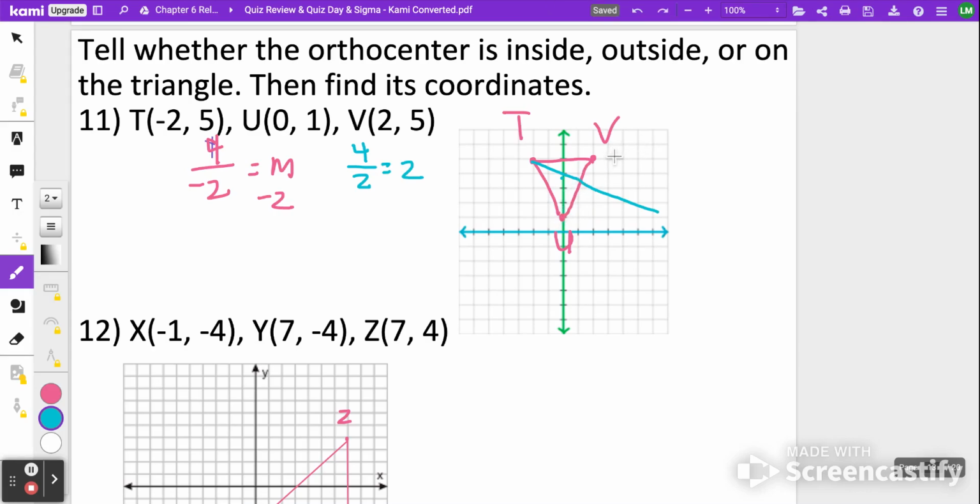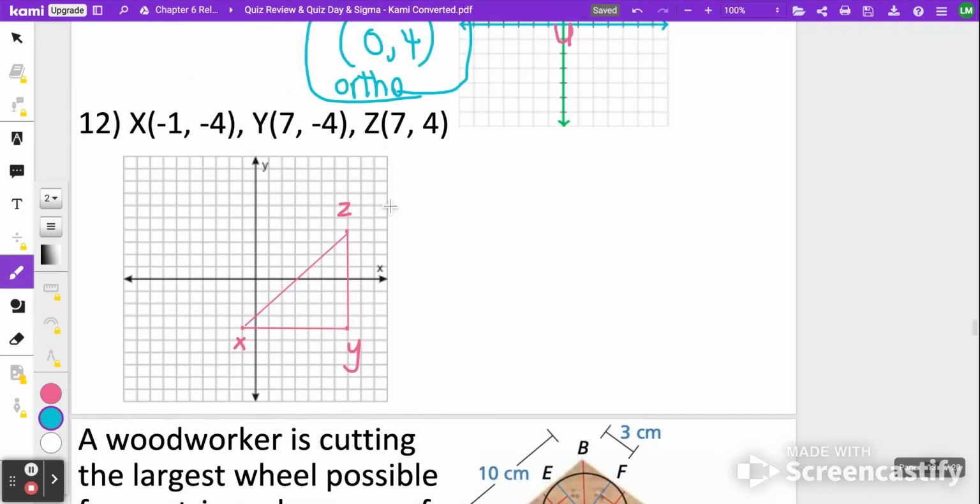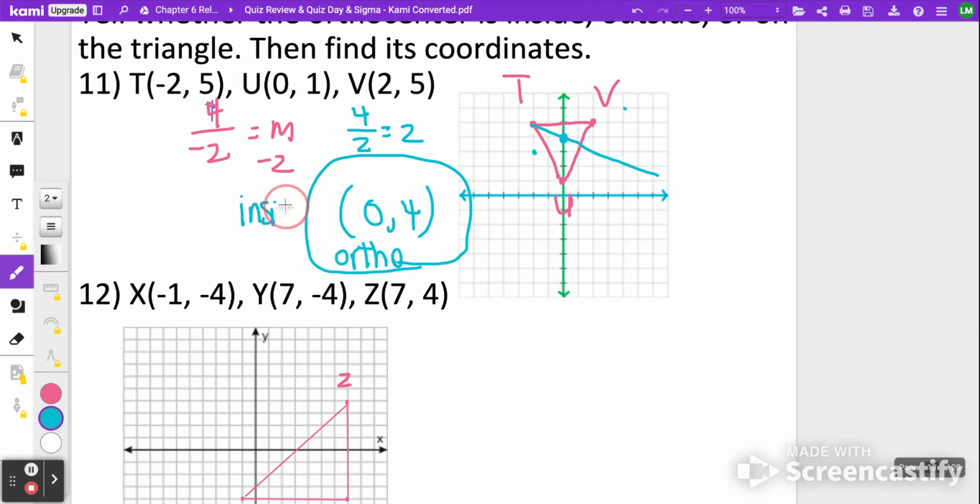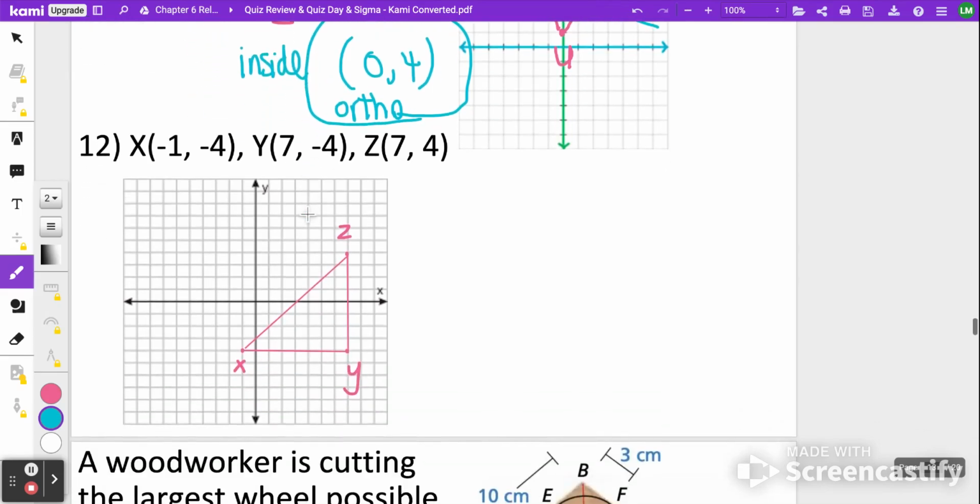Starting at letter V, over 2, up 1, left 2, down 1, and you can already see that orthocenter is right there in the middle at 0, 4. Okay. With this one, it looks like a right triangle, so it's probably going to be on the orthocenter. Let's go back here and we're going to say inside. This one was an acute triangle.